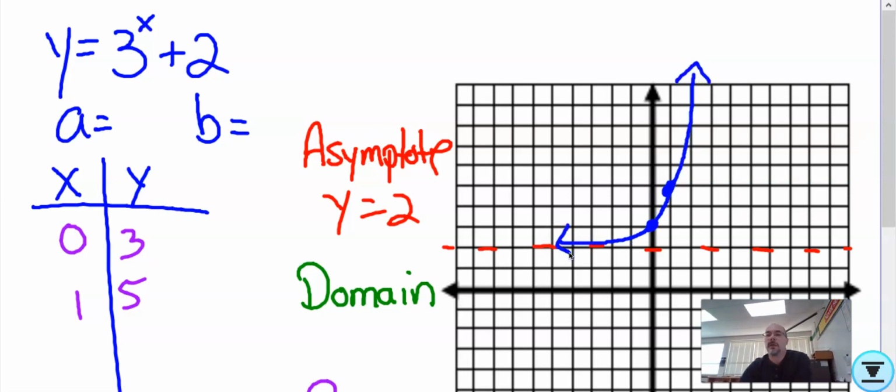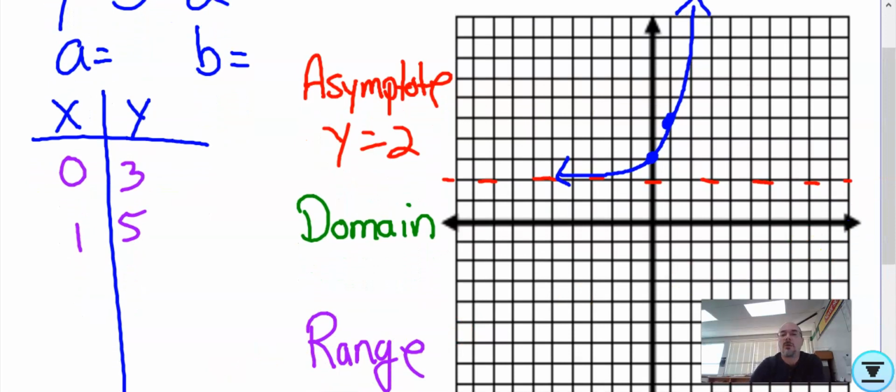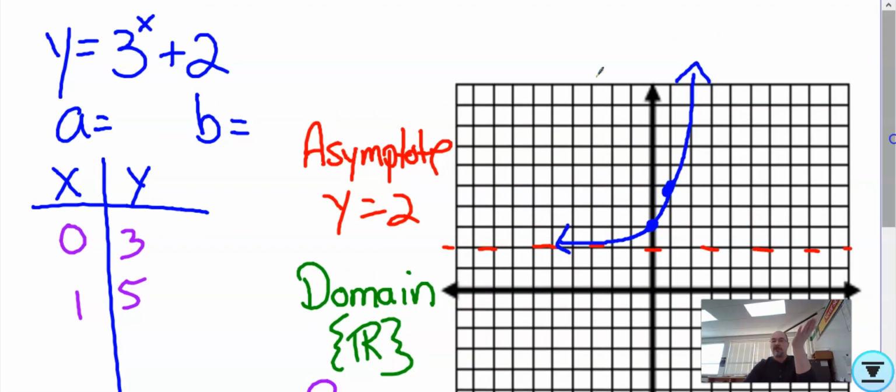All right, so the domain has not changed. Okay, the domain is still all real numbers. The range, however, ladies and gentlemen, since this is plus 2, okay, it shifted it up 2, okay?